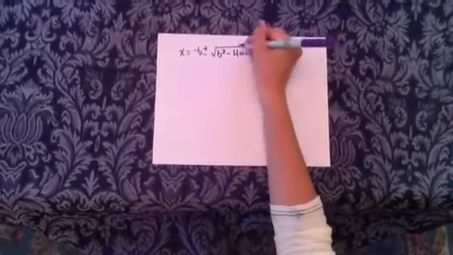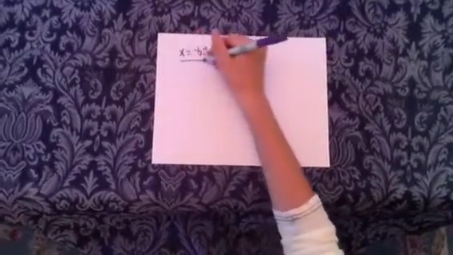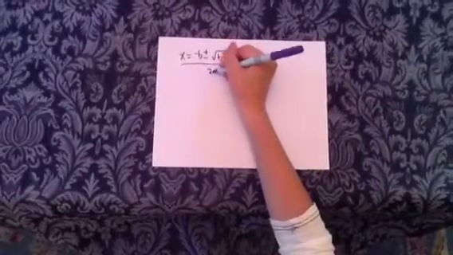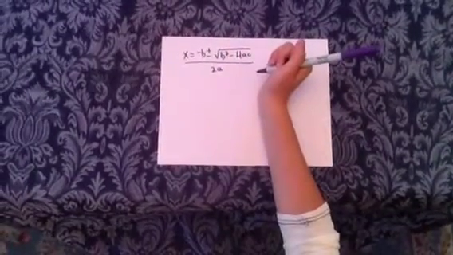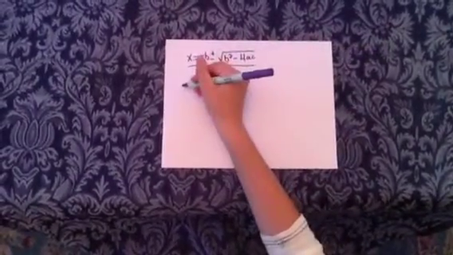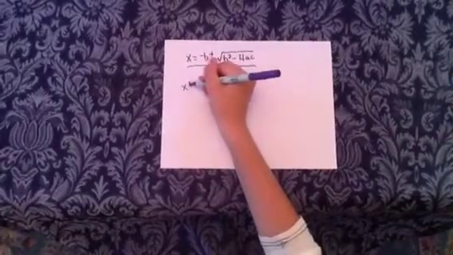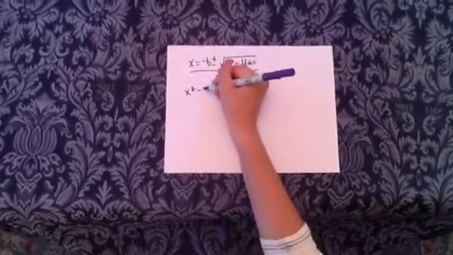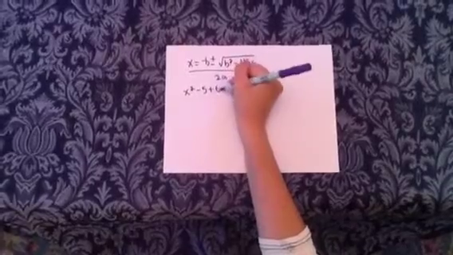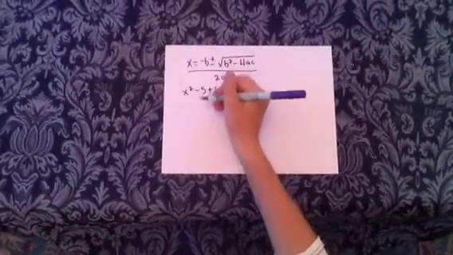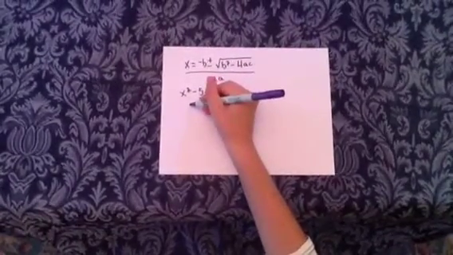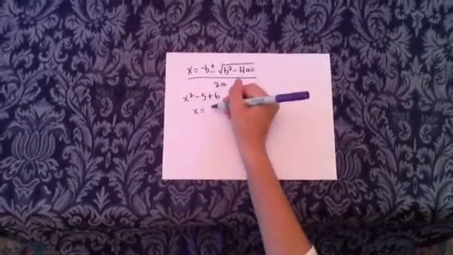Let's look at an equation where we can use the quadratic formula. X squared minus 5x plus 6. Now, let's just add in these numbers to the quadratic equation.